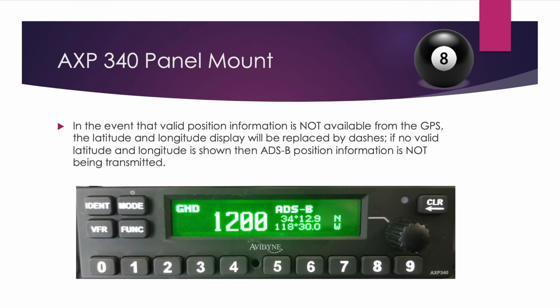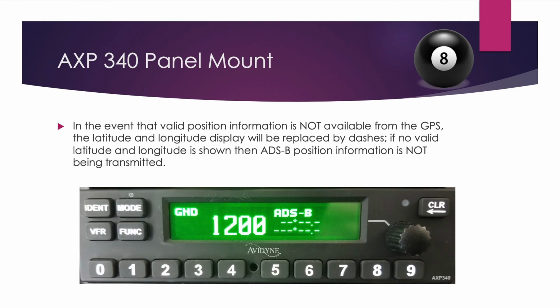As you can see in this slide, you can see the latitude and longitude on the ADS-B panel, on the transponder panel. That means it's transmitting the ADS-B information out. If you see the lines instead, that means your ADS-B out is not working. It has to get a signal from the GPS. And sometimes, for some reason, if you're just first starting it, you may see those lines.